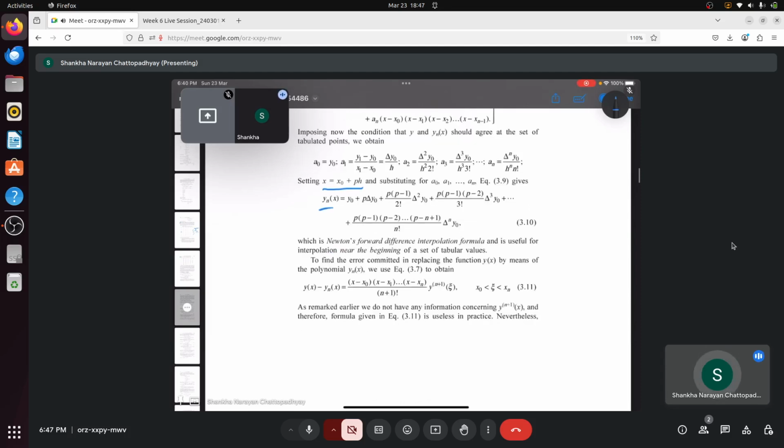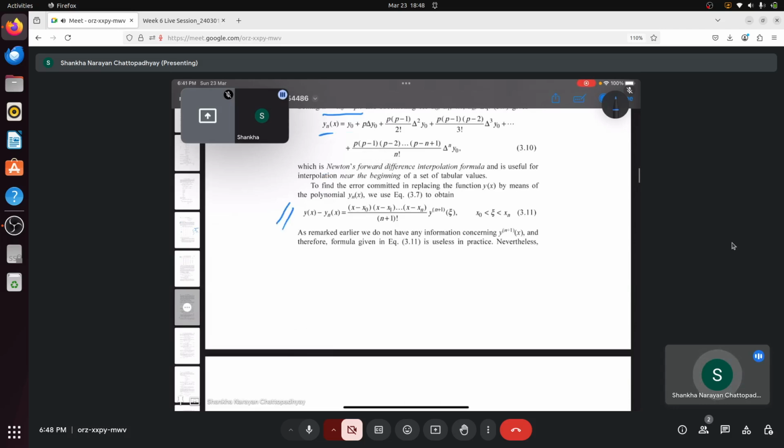So that is how your formula looks: y0 plus p delta y0 plus p into p minus 1 by factorial 2 delta square y0 and so on, plus the nth order term p into p minus 1 up to p minus n plus 1 by factorial n into delta to the power n y0. Consequently the error term will look like this: y(x) minus yn(x) will be x minus x0, x minus x1 and so on up to x minus xn by factorial n plus 1 into y to the power n plus 1 at xi, where xi is a point between x0 and xn.